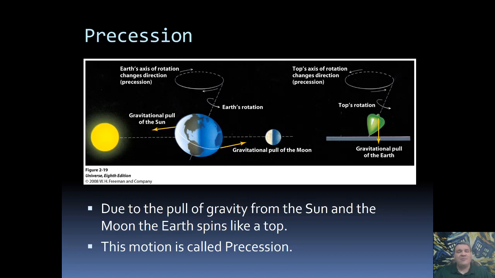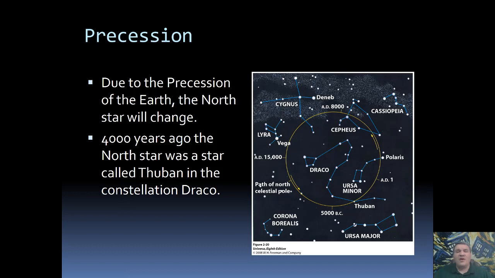And the Earth actually precesses. This happens because of the gravitational pull of the Sun and the Moon. This causes the Earth's axis, where the north pole of the Earth is pointing, to slowly drift around in space. Now, what this means for us on the Earth is that the location of the North Celestial Pole actually changes in time.